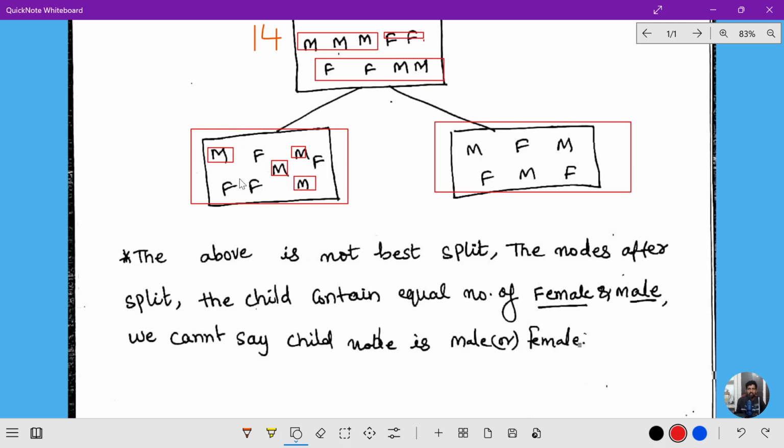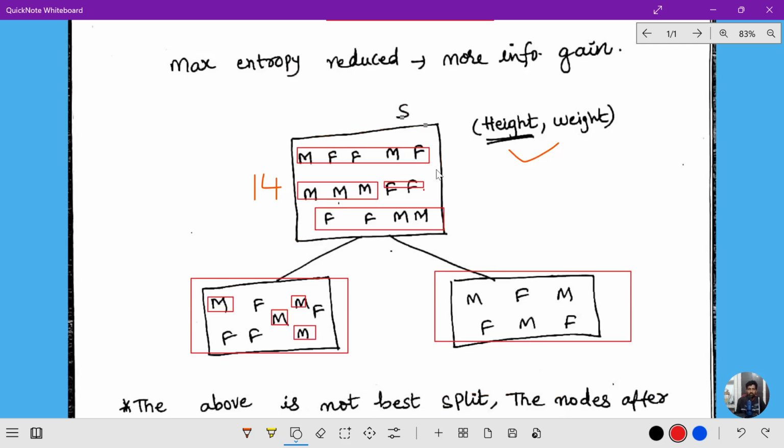When the majority is not there, when it contains an equal number of values, we cannot say which is the splitting variable or splitting value. Hence it contains equal numbers of males and females, so we cannot say the child node is male or female. Hence we can say this is not a suitable split. This is about height.